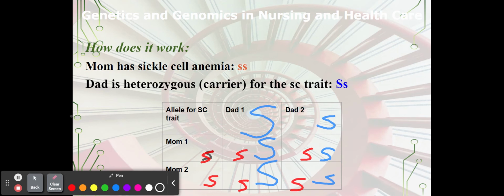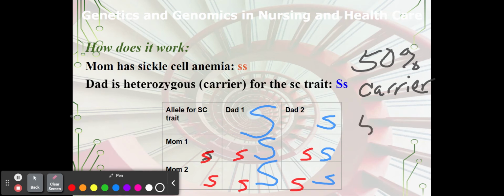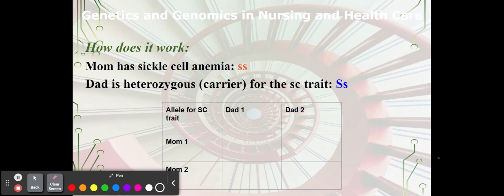We have a 50% chance of being a carrier. We have the dominant trait for normal hemoglobin, but we have the trait. So 50% are carriers and 50% are homozygous recessive, and we have disease. You're starting to see how we use that Punnett square to figure out probability.